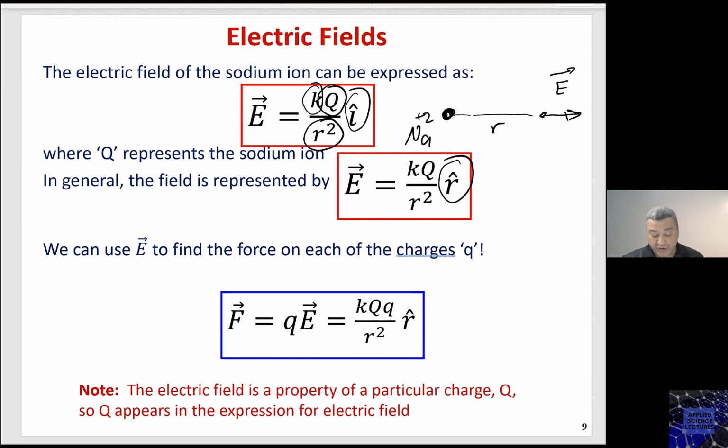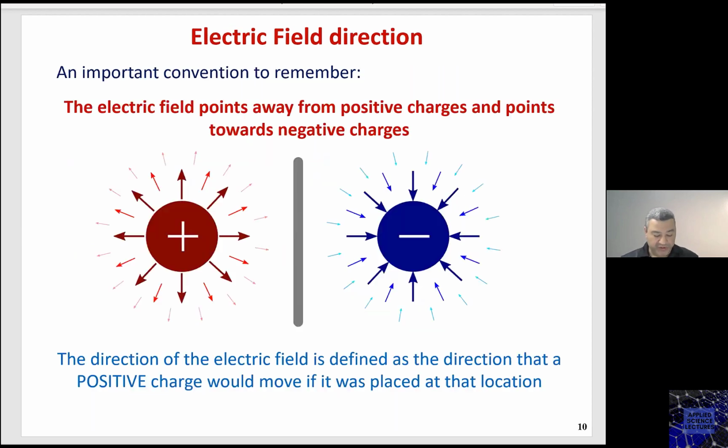I can also conclude that if I multiply the charge that exists in the electric field of the first one with the electric field at this location, I will get the force. We're going to look into this in more detail in the coming slides.